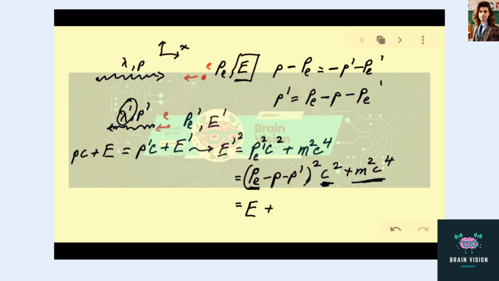And the remaining terms is actually just a mixture of P and P primes, as well as the PE. So we're gonna bracket this up together.